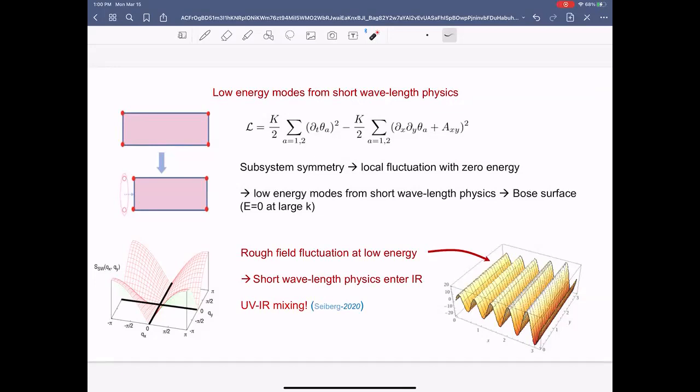Yes. So the leading order term, which is allowed by subsystem symmetry, is this dx dy term. And in principle, you can have some higher order terms like dx squared, dy squared or something like that. But this is the leading order term, which drives the kinetics of those dissolved corner modes.